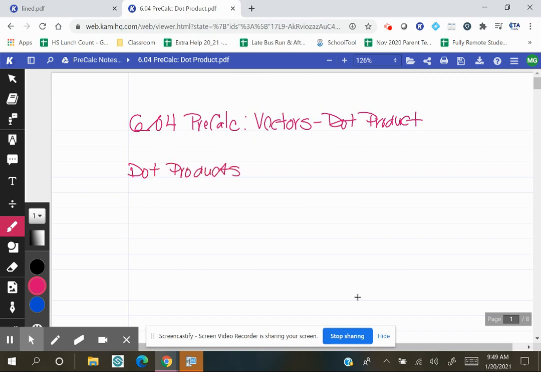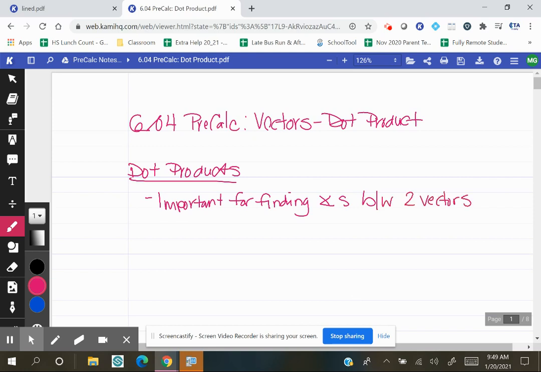It's kind of a combination of multiplication and addition, and they're important for finding angles between two vectors. And we'll talk about that formula later on.